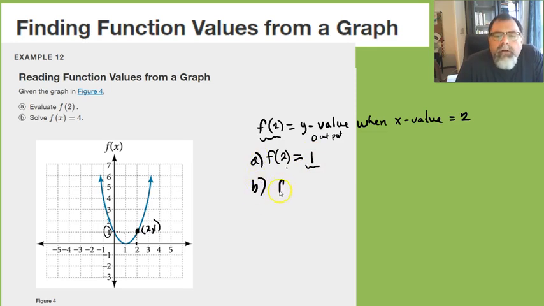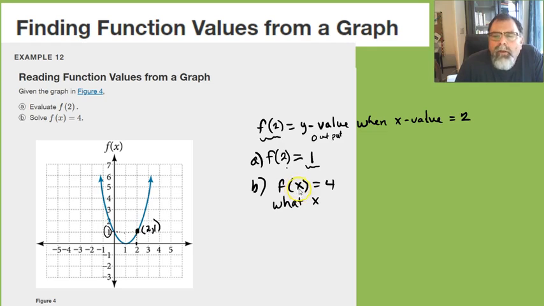B, solve f of x is equal to 4. So again, remember this f of x is a y value for a given x value.